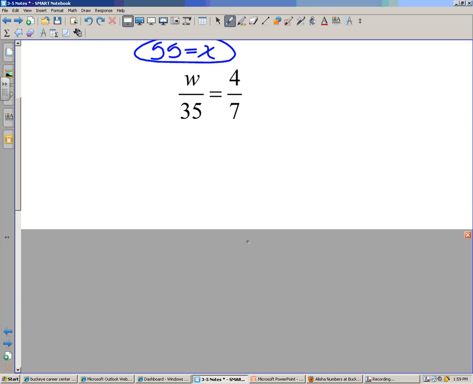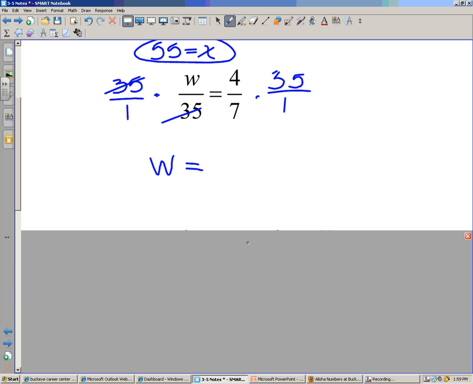W over 35 equals 4 over 7. How do I get W by itself? Multiply both sides by 35. So do that on your paper. These are going to cancel. I'm left with W equals, can I cross-reduce 4 and 1 or 35 and 7?